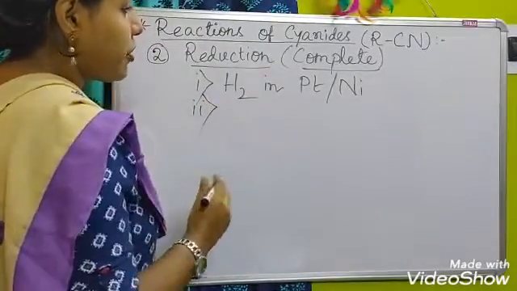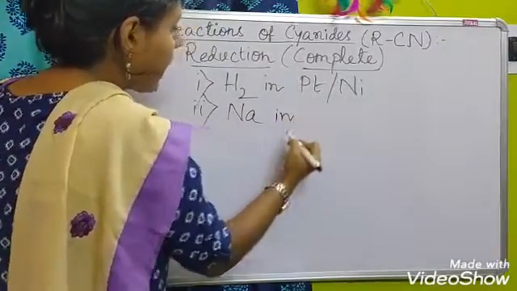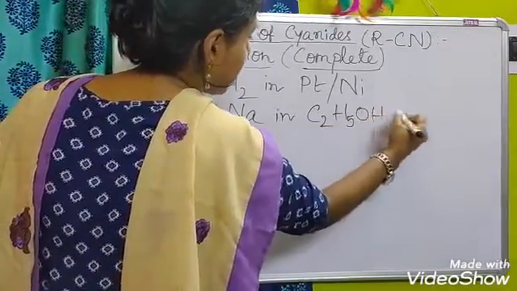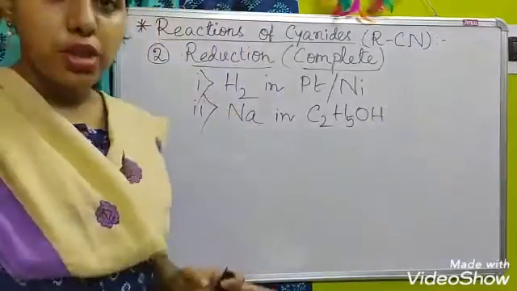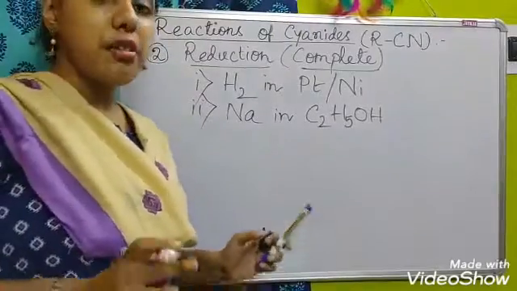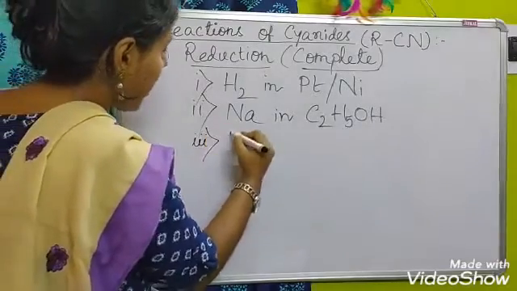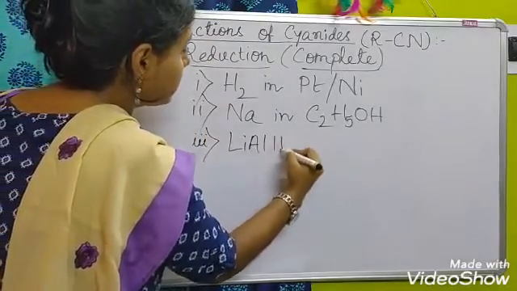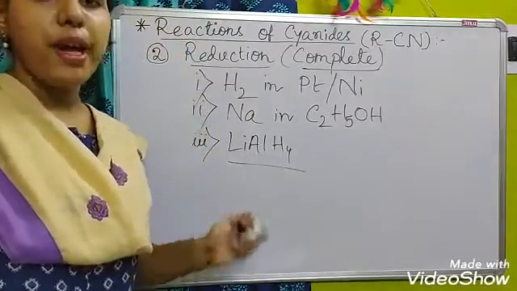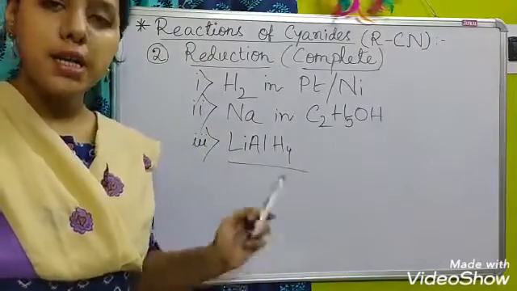In number 2, the reagent that also we can use is sodium in alcohol like C2H5OH. Okay, so sodium in ethanol that we can use for the reduction purpose. And the third one is lithium aluminium hydride. So these three reagents can be used for complete reduction of the cyanides.